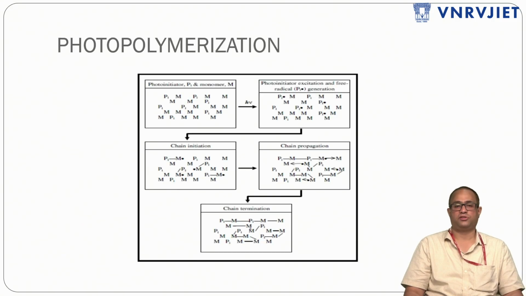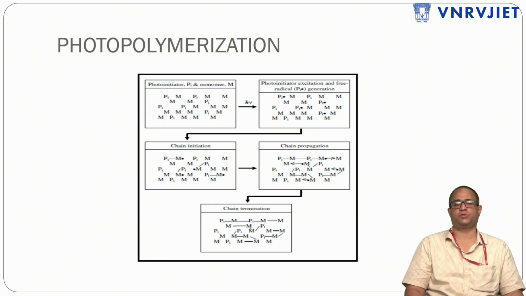This is how the chain reaction happens. As you can see here, photoinitiator P1 and monomer M are formed. In the second stage, the photoinitiator goes to the excited state and free radical generation happens, followed by chain initiation, chain propagation, and chain termination. This in turn forms a photopolymerization.